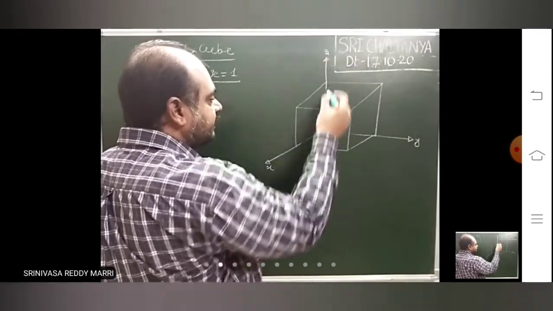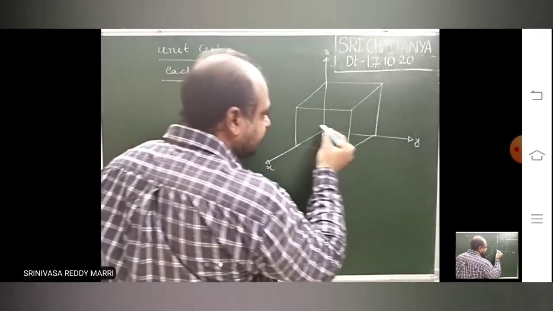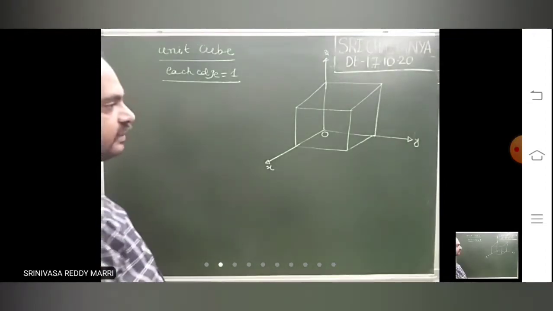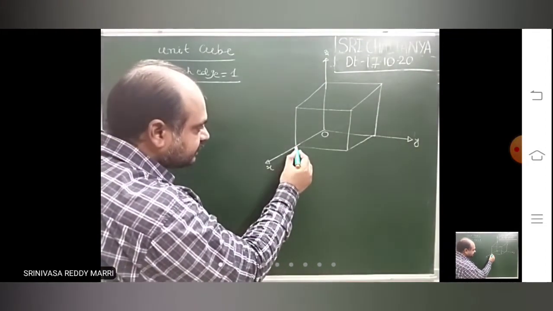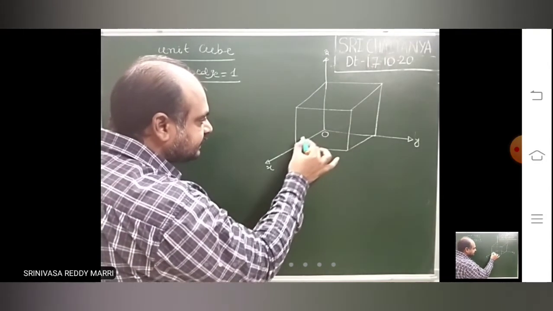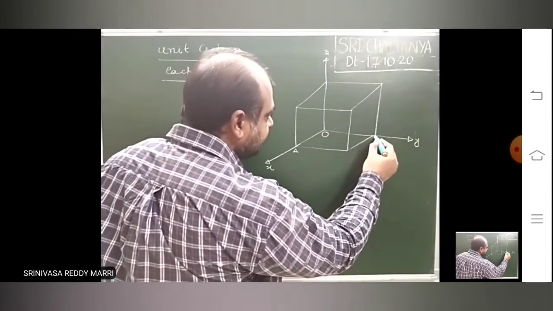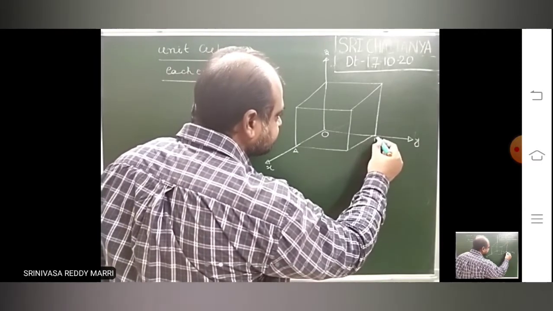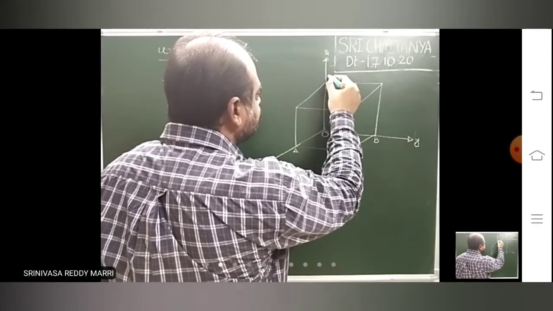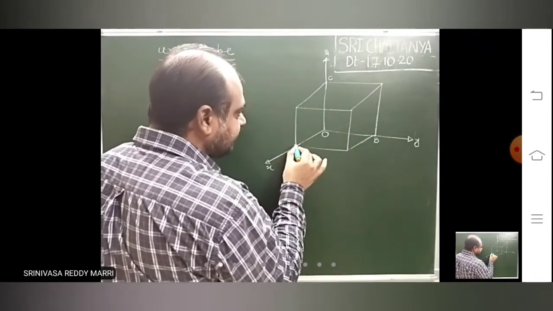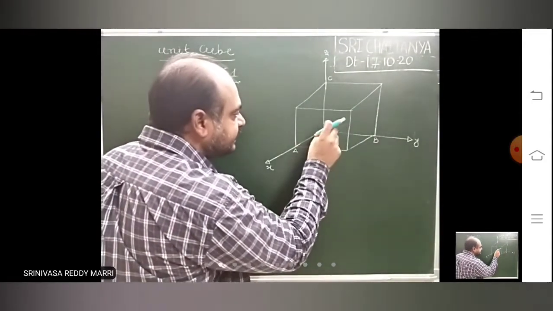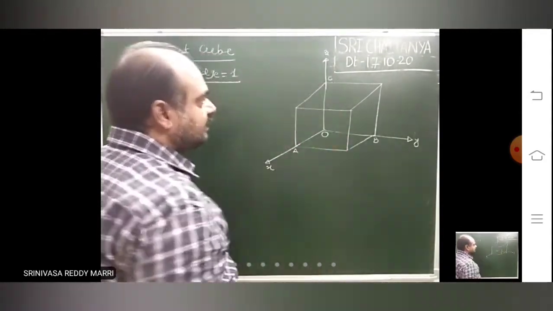We will draw the cube, and after that we take this as x-axis, this as y-axis, this as z-axis. On the x-axis, the corner is A. The y-axis intersects at B, and the z-axis at C. I have taken 3 edges OA, OB, OC.